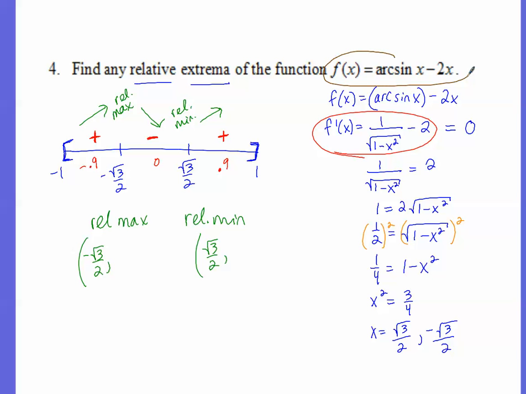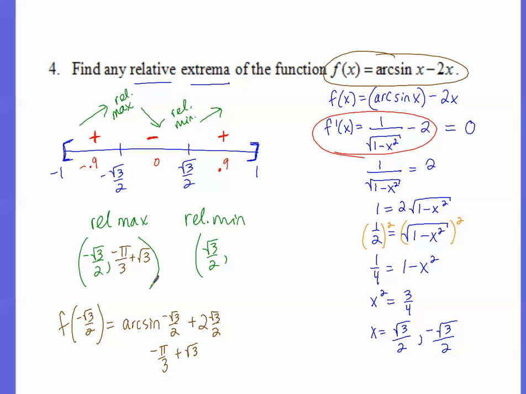Let's go to our original function and do f of negative root 3 over 2. That would be the arcsine of negative root 3 over 2 minus 2 times negative root 3 over 2. That'll turn into a plus because that guy's negative. Well, we know that this arcsine value is negative pi over 3. Therefore, that's my value for the y coordinate of the relative max.